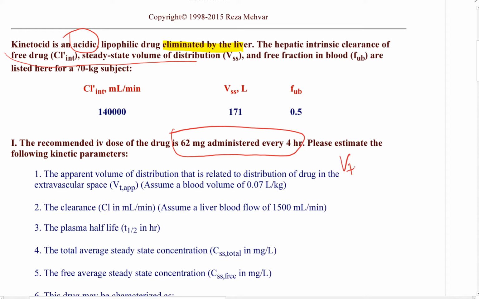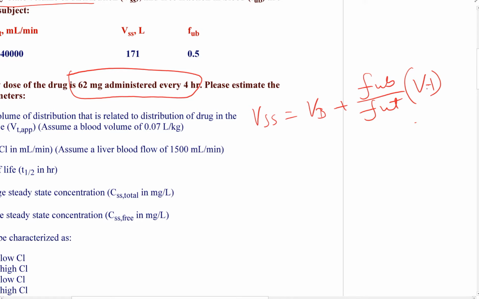We have to use this equation: VSS is equal to VB plus FUB divided by FUT times VT. We can just write VT is equal to VSS minus VB.